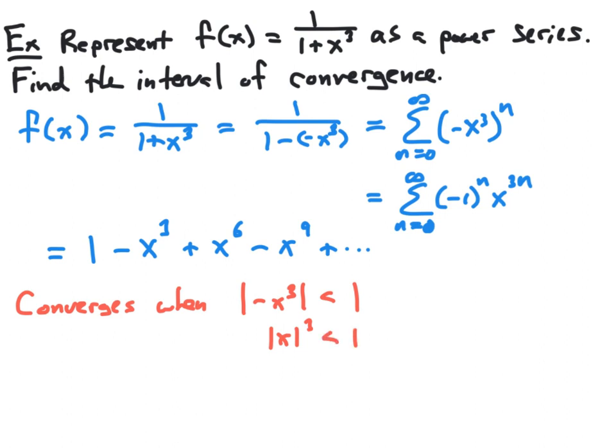And this will happen only when the absolute value of x is less than 1, which of course means we're between negative 1 and 1. And so this interval of convergence is exactly the same as it would be for a standard geometric series. We have an interval of convergence from -1 to 1, not including either of the endpoints.